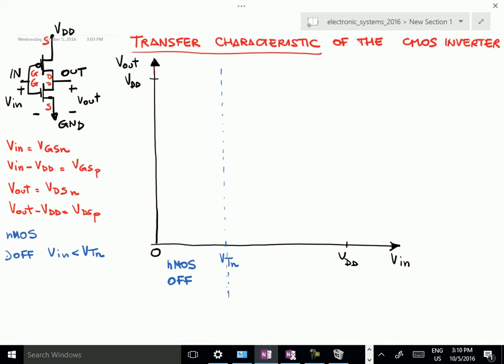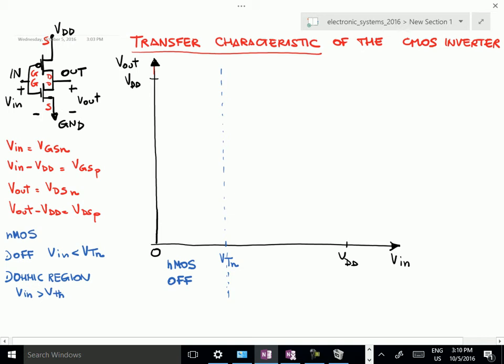On the right of this axis, the N MOSFET can be in one of the other two operating conditions. For example, in the ohmic region, we have VGS, which is V in, larger than VTN, but also we have an additional condition.